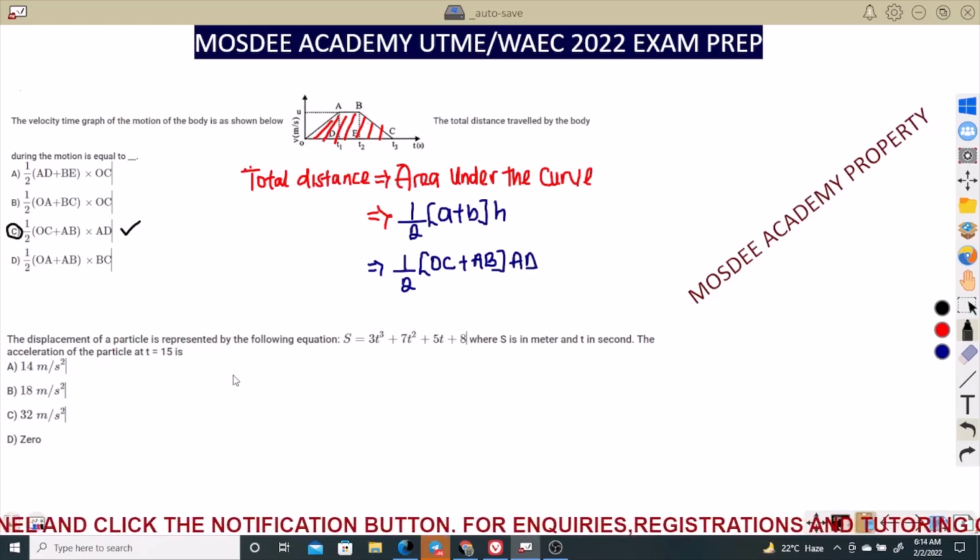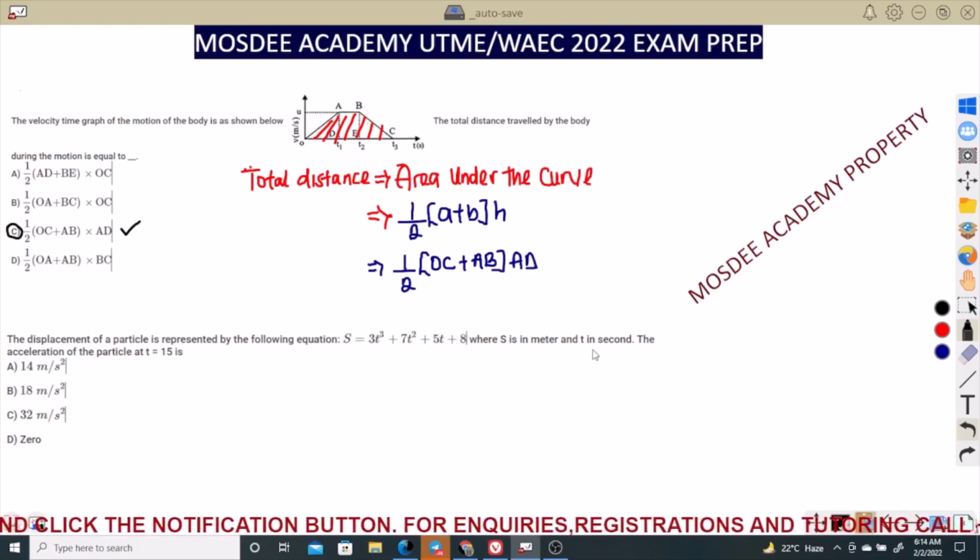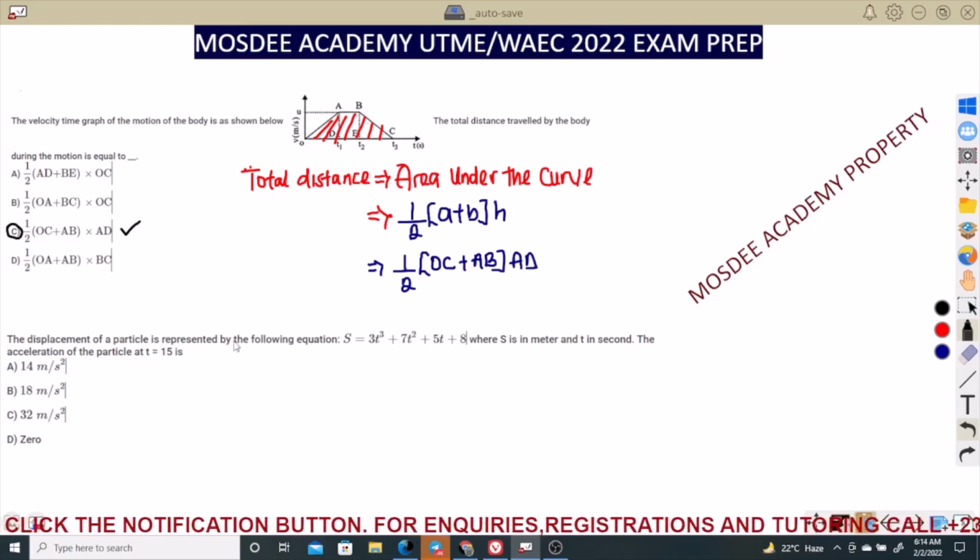So the next question is: the displacement of a particle is represented by the following equation. Displacement x is equal to 3t cubed plus 7t squared plus 5t plus 8, where s is in meters and t is in seconds. The acceleration of the particle at t equals 15 is dash.